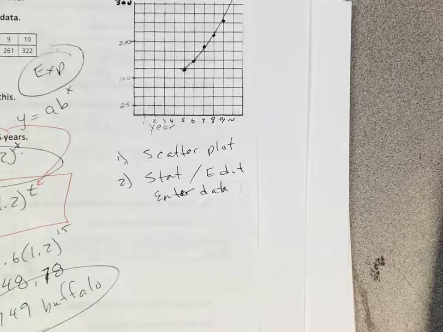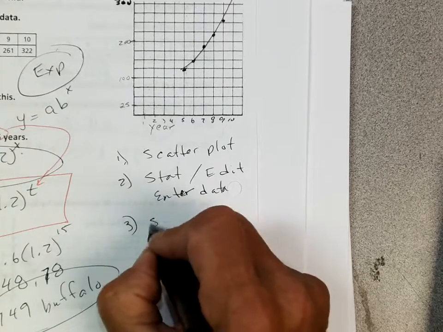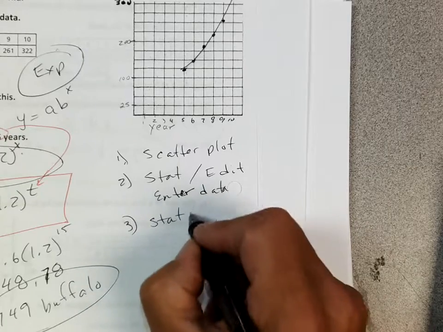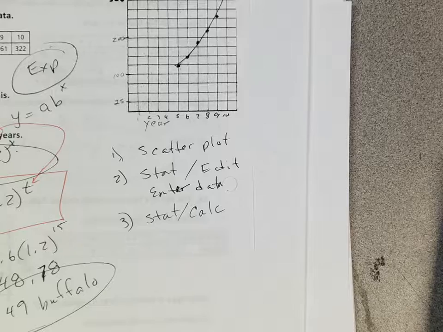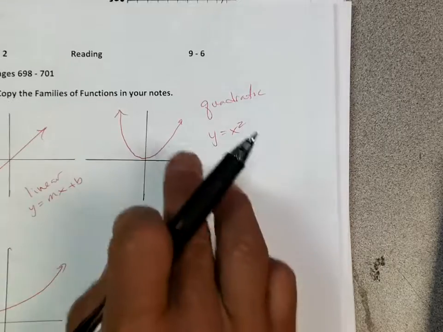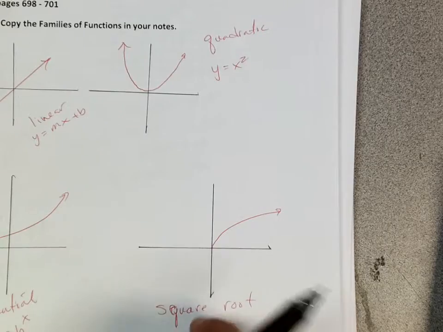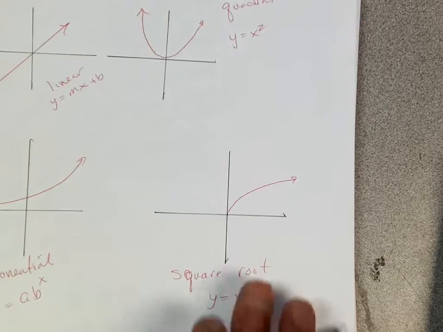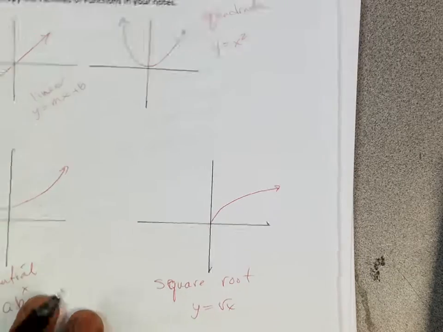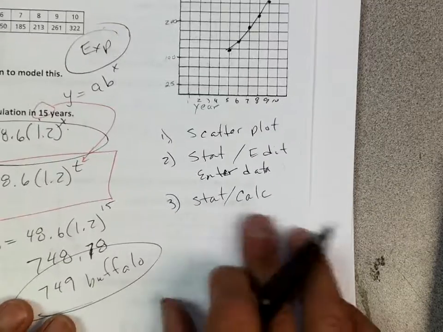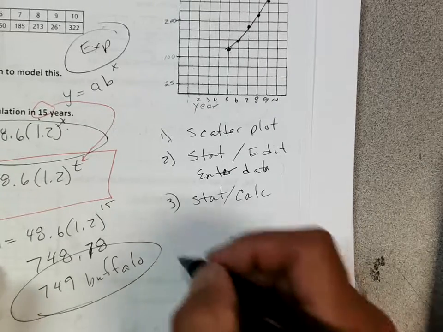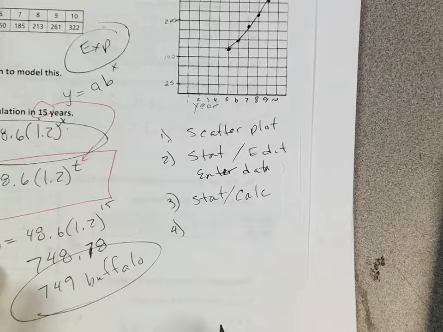Then after you enter your data, you go again to Stat. You go to Calculate, because you've got to figure out which one. Is it going to be linear, quadratic, exponential, square root? We probably don't want to pick square root because we don't really have a square root function on our calculator. We could use the log functions, but you guys don't know how to do a log anyhow. So you got to pick which one you want. Then step 4, you just go ahead and calculate, and you get your equation.